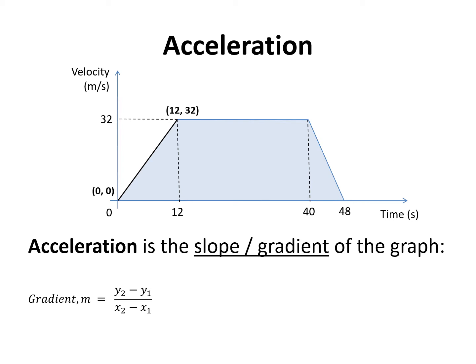So in this case, the change in the y values is 32 take away 0, and the change in the x values is 12 take away 0. So we get an acceleration, or a gradient, of 2.67.